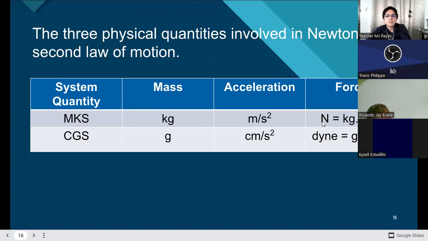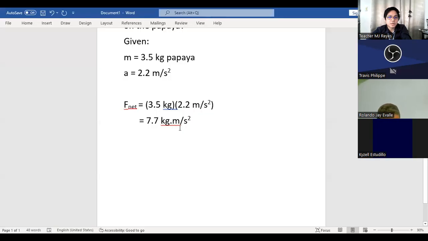Meaning to say that in our problem, we can convert it directly to Newton. Correct? Kilogram meters per second squared. So this is equivalent to 7.7 Newton.